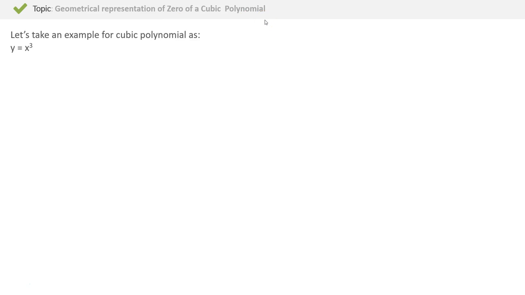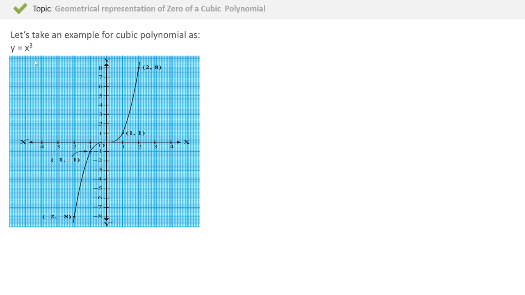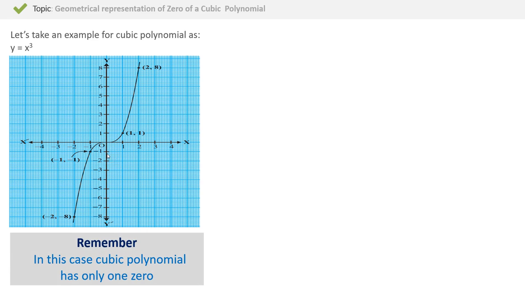Let's continue. Let's take another example of a cubic polynomial, and in this case y equal to x cubed. If you really try to plot it, you will see x has only the value 0. If you try different combinations of x and y, you will see this graph is intersecting only at one place, at 0, and hence this cubic polynomial has only 1 zero.